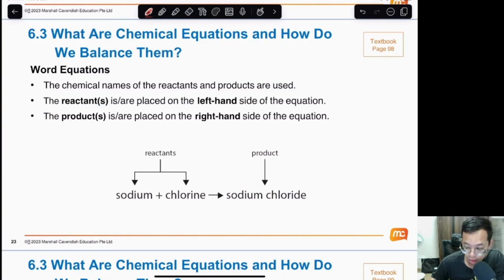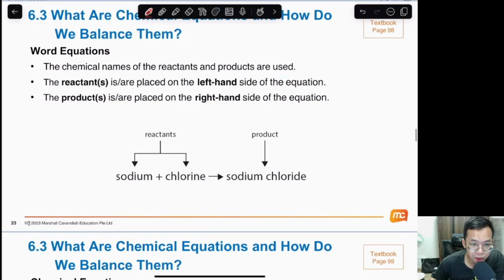But the more difficult thing is to convert it into a chemical equation. In this case, sodium, if you look at your periodic table, is Na. Sodium usually exists as a solid because it's a metal. Plus chlorine. Chlorine is a gas.